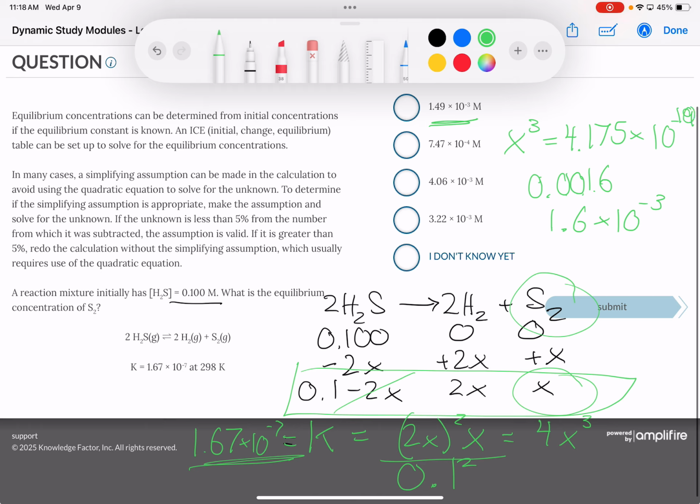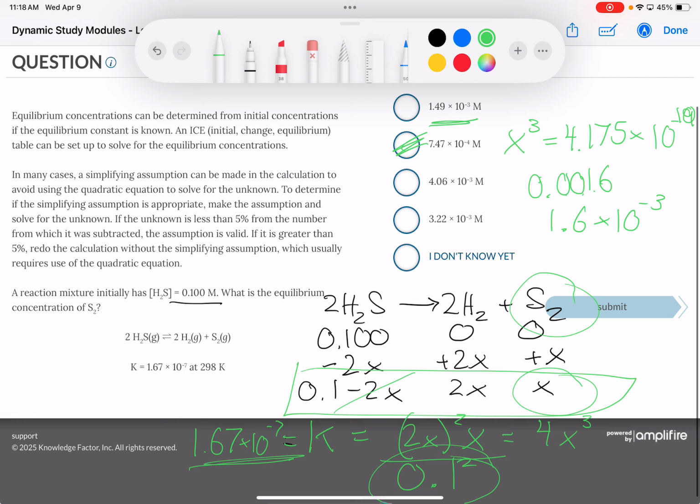Yeah, so this should be to the 10th. So if we do that cubed root, that should still come out to 4.175 times 10 to the negative 10th. Oh, okay. Yeah. So 1, 2, 3. It was just this issue there on the bottom. So this is correct. 4.74 times 10 to the negative 4th.